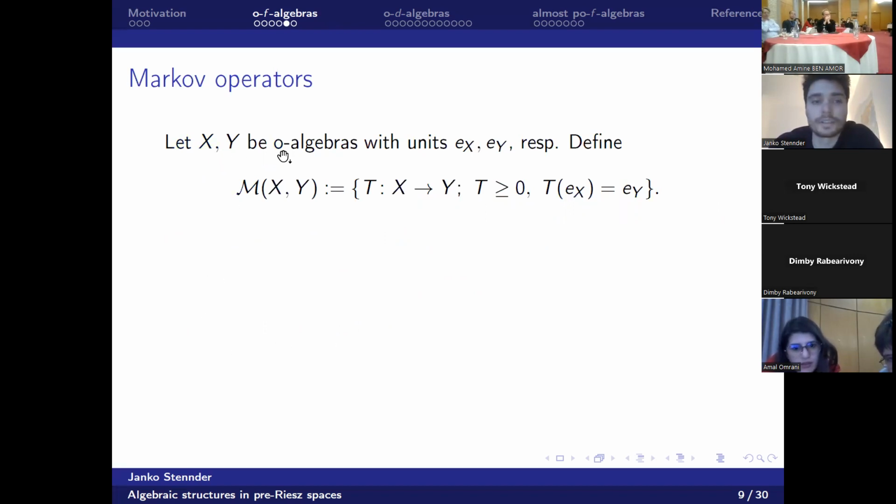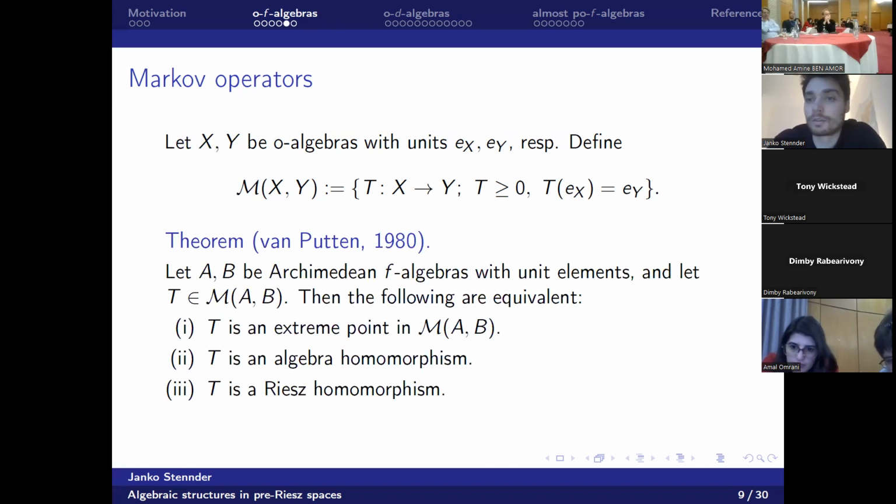If we have two ordered algebras, X and Y, with units, and here I mean multiplicative units, the set of Markov operators is just the set of all positive operators which map the unit of X to the unit of Y. And then we know, or it was proved by Van Putten in 1980, that if we have two Archimedean F algebras A and B with unit elements and some Markov operator, then we have the following equivalence: T is an extreme point in the Markov operators if and only if it's an algebra homomorphism, and if and only if it's a Riesz homomorphism.